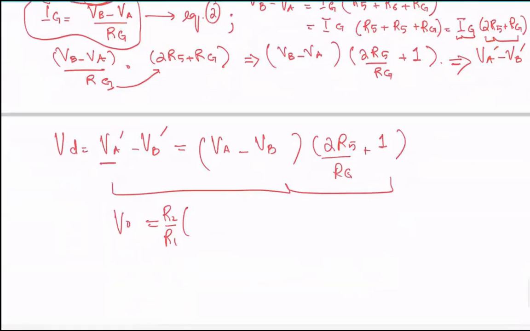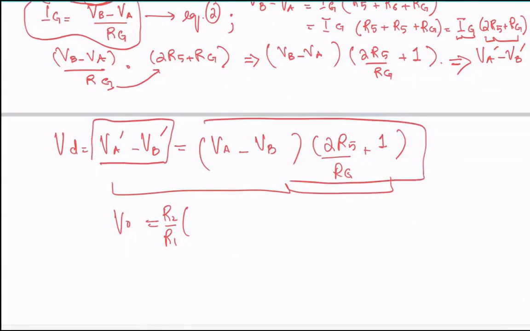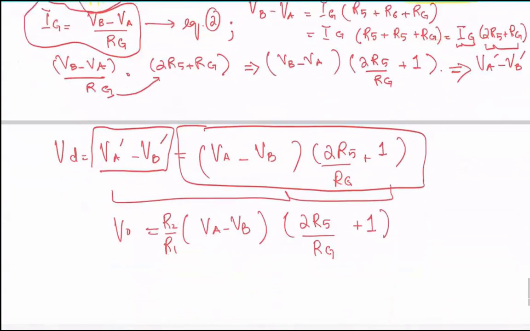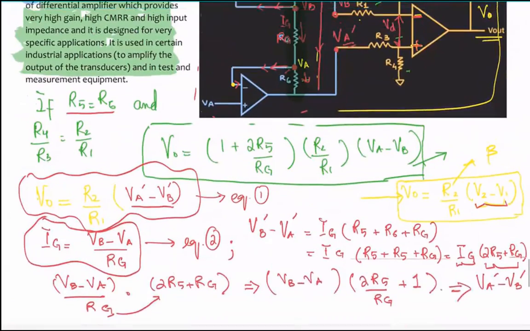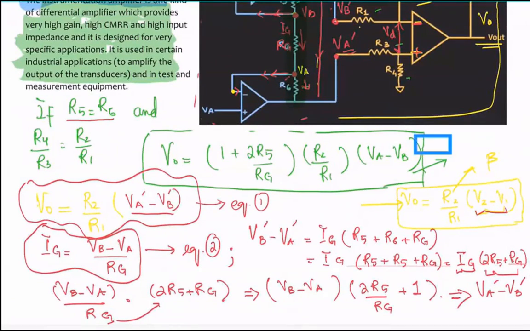VA bar minus VB bar is this thing over here. So I can basically put this whole thing over here below. So I get VA minus VB times 2R5 over RG plus 1. And if you compare this equation that we got here, it is actually equivalent to what we had over here. And that's what we were aiming for.